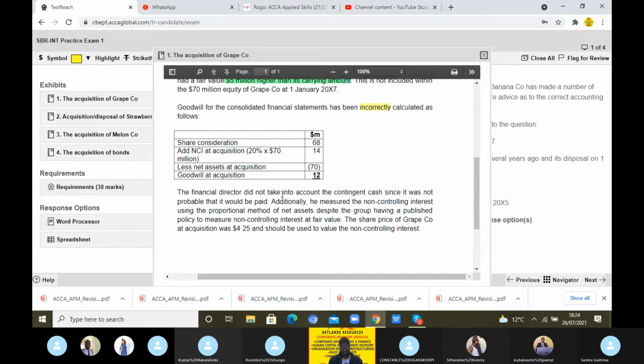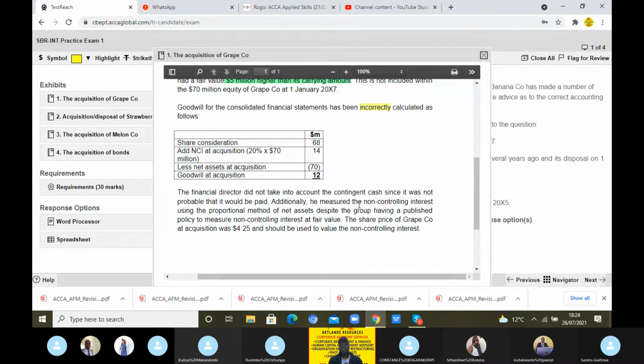The finance director did not take into account contingent consideration since it was not probable that it would be paid. Remember, contingent consideration, we include it whenever we calculate goodwill at fair value, regardless of whether it is probable or improbable that it will be paid. As long as a condition exists, the conditional payment, which is contingent consideration, should be included as part of consideration transferred at fair value at the date of acquisition.